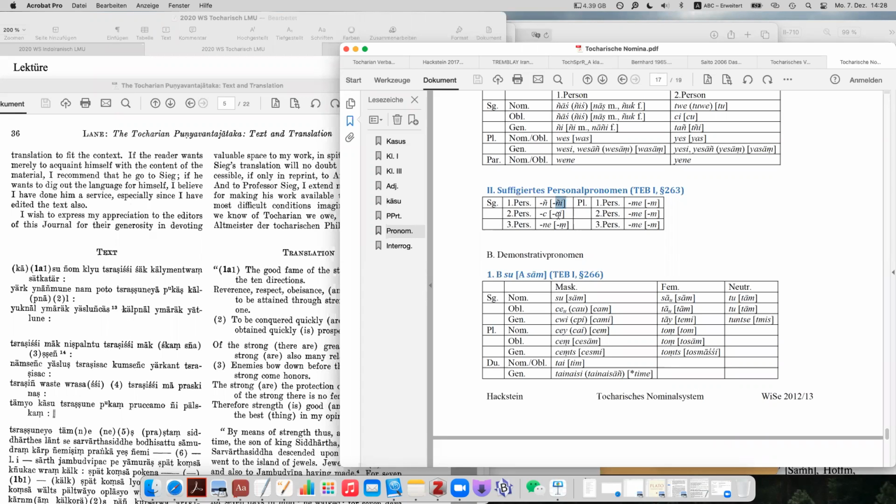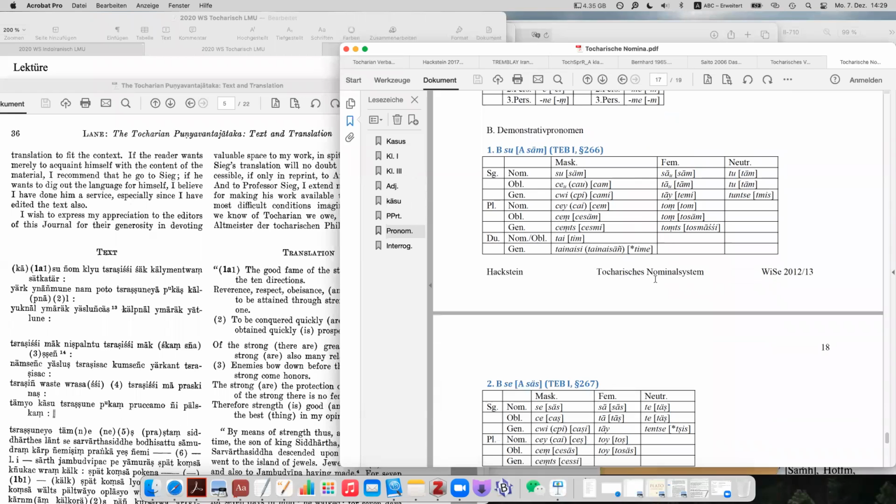It's quite common. This is the suffixed pronoun. And for the plural, they are the same for the three persons. They differentiate actually only in the singular. For the plural, they use the same form, mem in B in West Tocharian and m in East Tocharian.